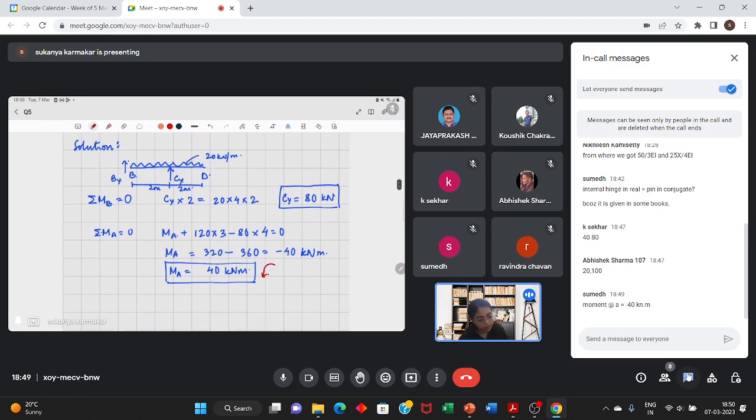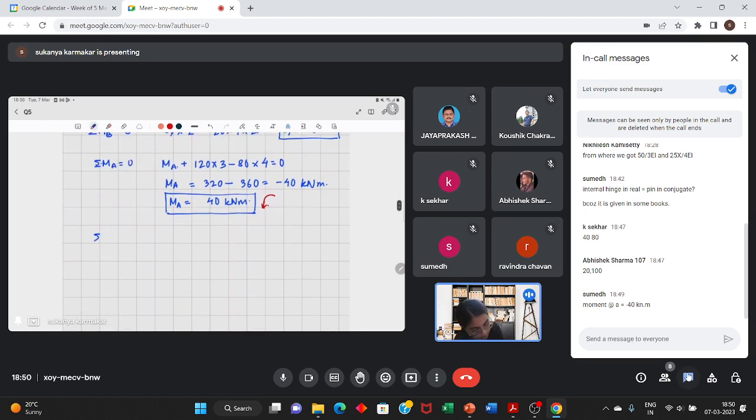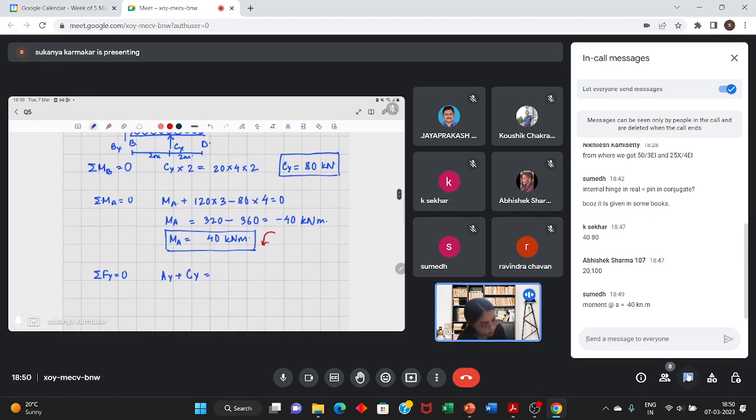Now simply on the entire structure you apply summation of Fy is equal to 0. From there you can write Ay plus Cy is equal to, what is the total length? 6 meters. 6 into 20. So from here Cy is 120, sorry, Cy is already calculated.